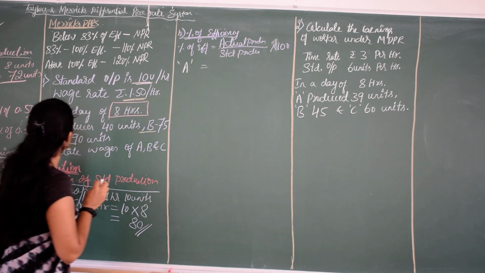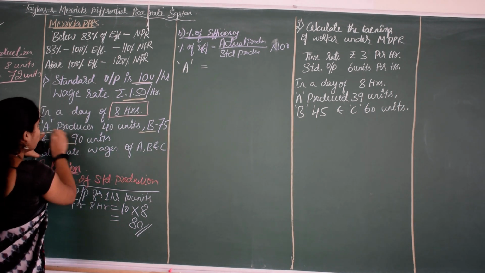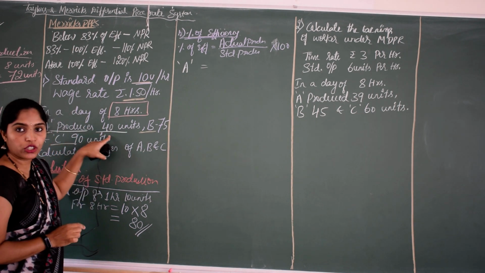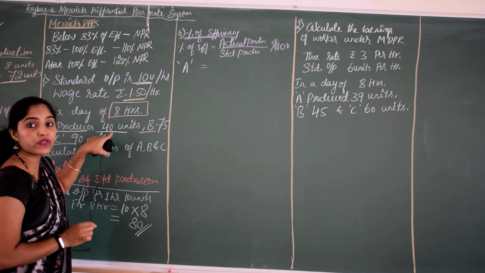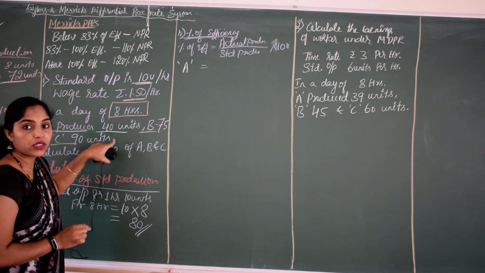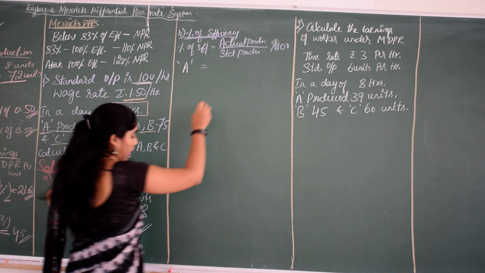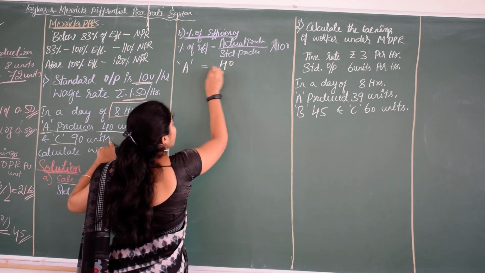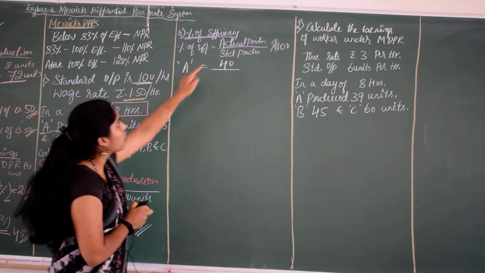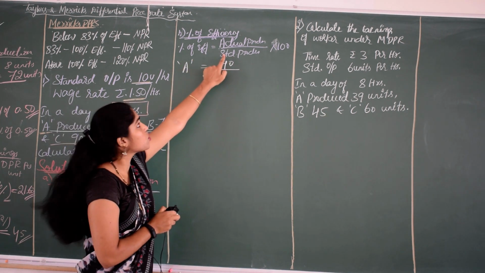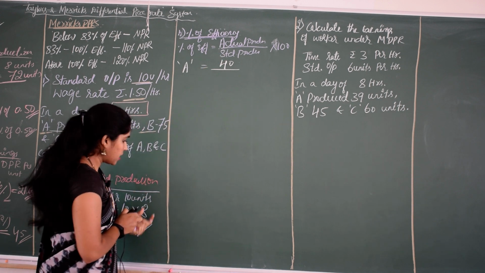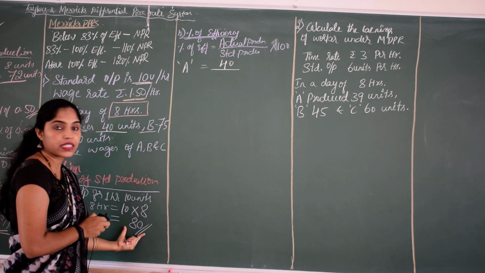A's actual production: A produces 40 units. Divided by the standard production, which we have calculated as 80, into 100.